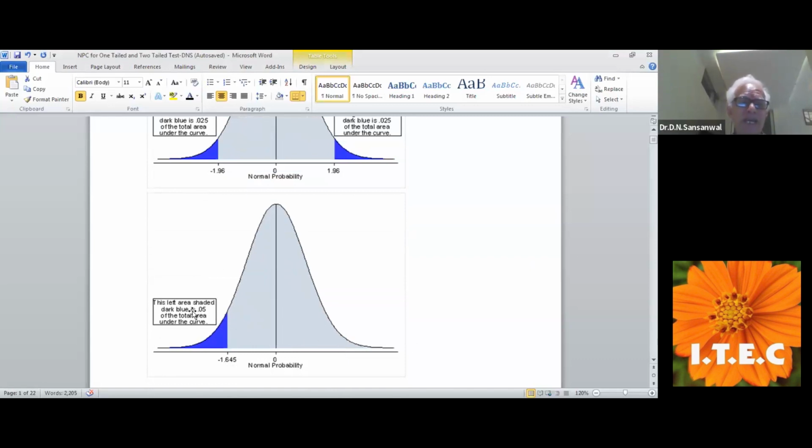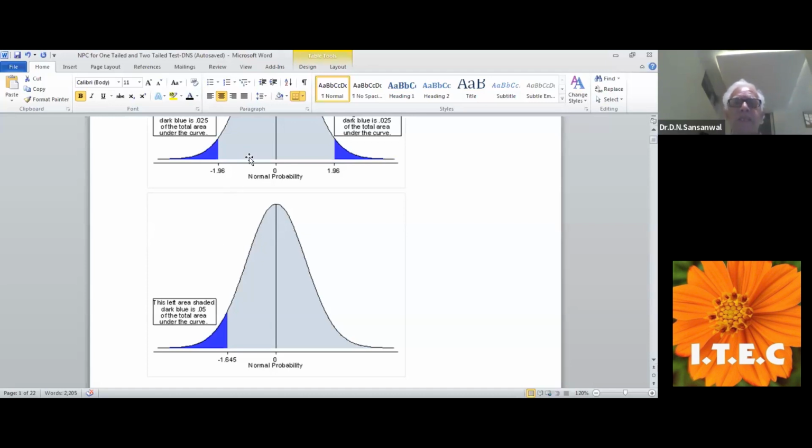So this is the error 0.05. You can see it here. Because you have not equally divided it, you keep it on one side. So when the error is more, that means your value can be a low value and it will be significant.